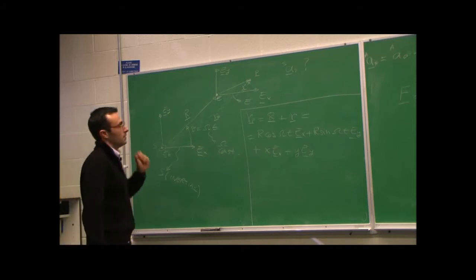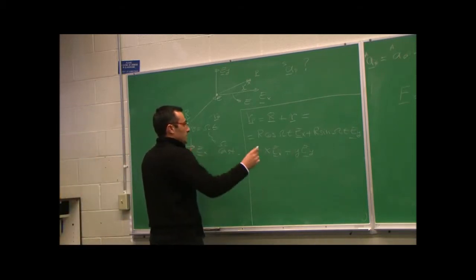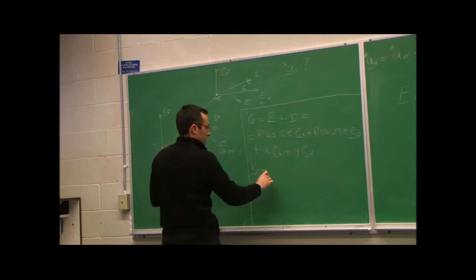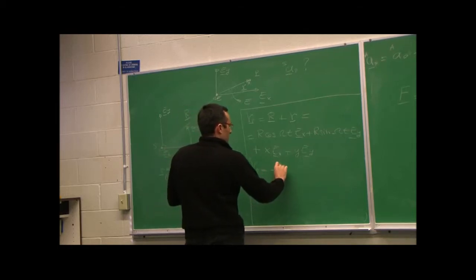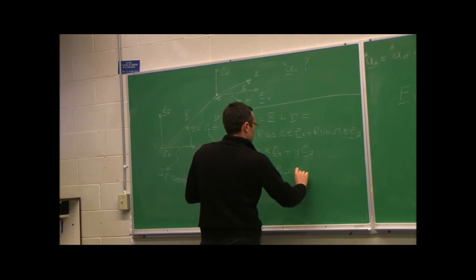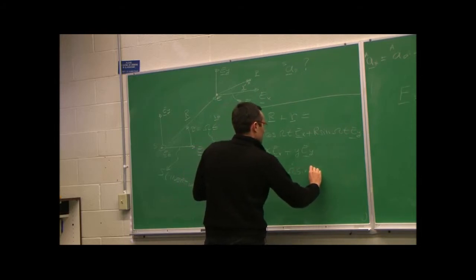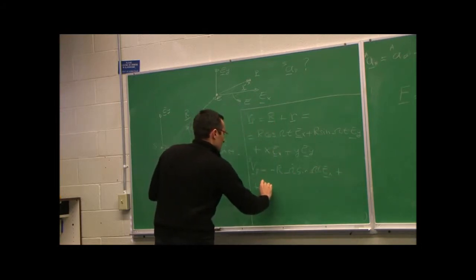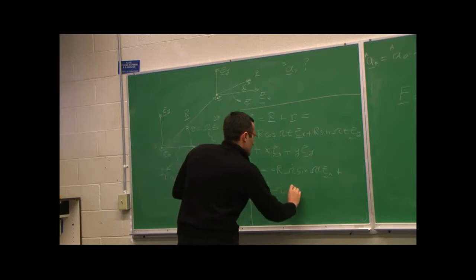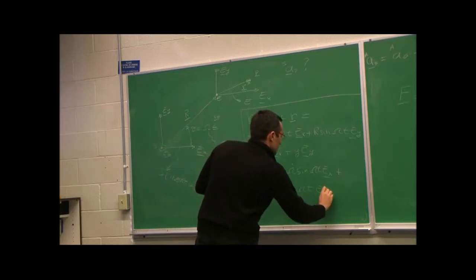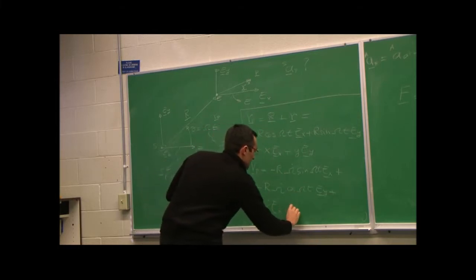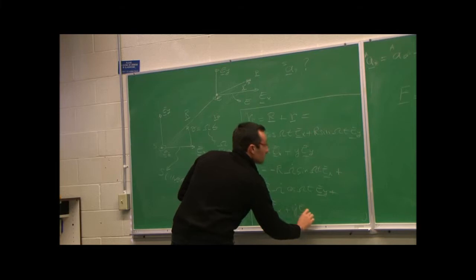So, same basis, not the same coordinate system. Then you take its time derivative, velocity of P with respect to the Sun is, well, that's what it is: minus r omega dot sine omega t big EX plus r omega dot cosine omega t EY plus x dot EX plus y dot EY.